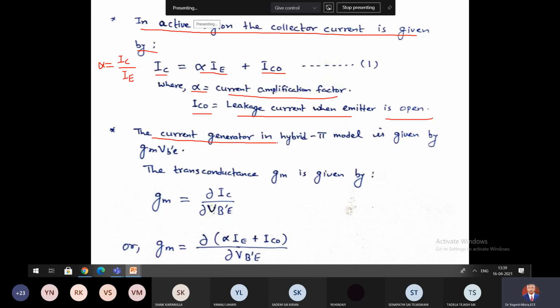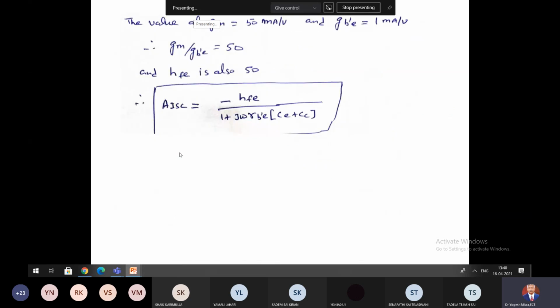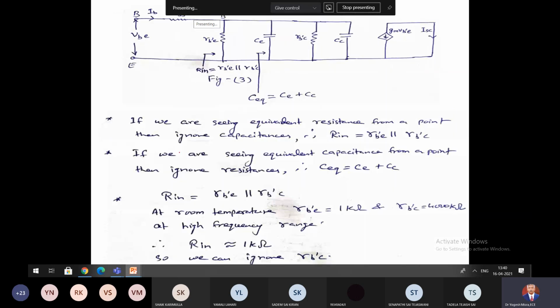Now the current generator in hybrid pi model is given by GM VB dash E. Current generator, you can see here.